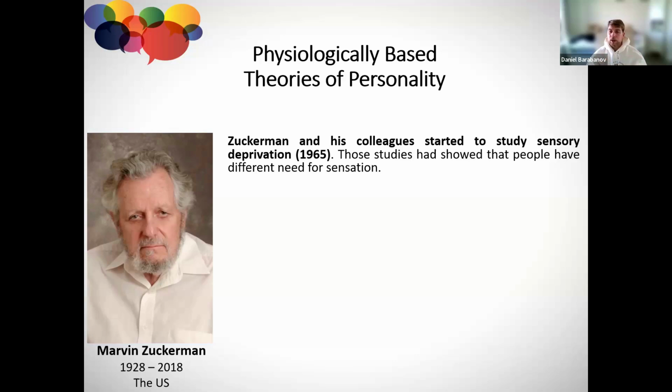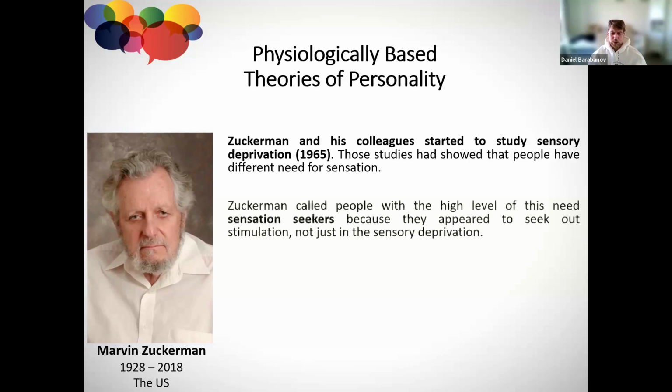And Zuckerman and his colleagues figured out that some people tolerate this sensory deprivation better, while some people go absolutely crazy in 5 minutes. So there is a natural difference in how people cope with possible sensory deprivation. These observations led Zuckerman and his colleagues to research sensation seeking.